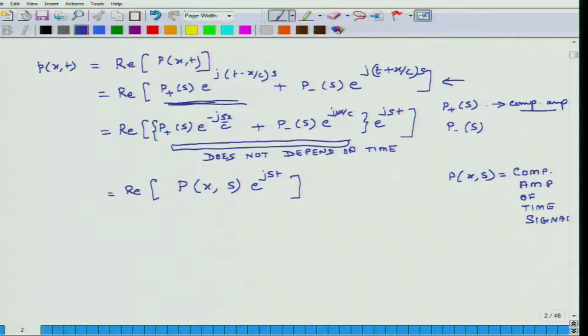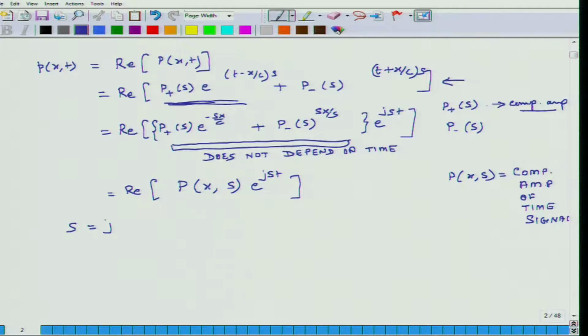Now in most of the cases s is equal to j times, so I think I made one more error here, there shouldn't be any j here, so e to the power of s x over c, because j is embedded in s.